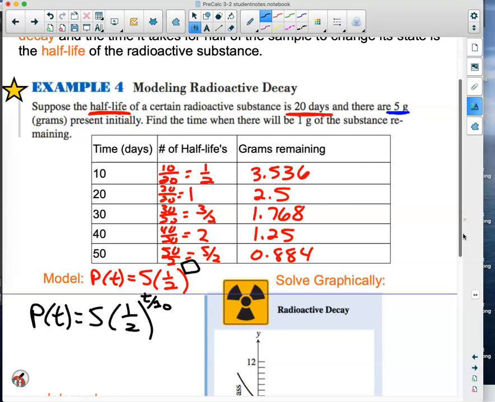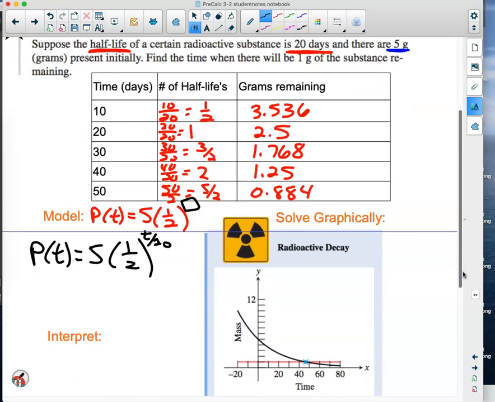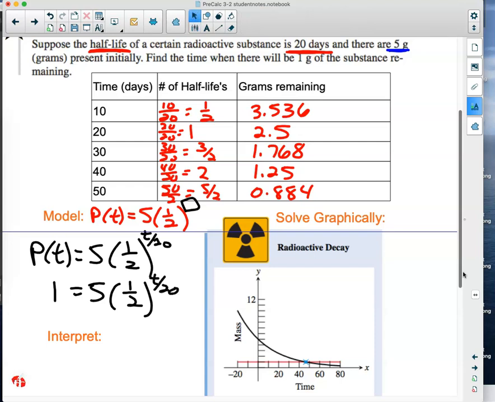Now we're not quite done. It said we want to know when there's 1 gram of that substance still remaining. So we need a 1 over here. And again, they did want us to solve this one graphically, so we'll go ahead and get that in the graphing calculator.